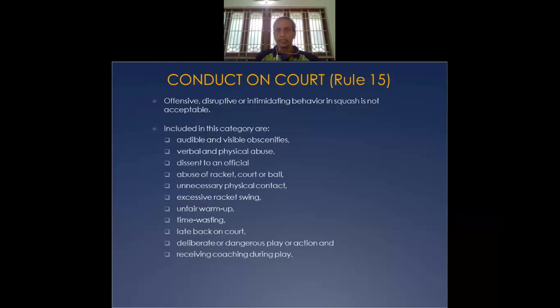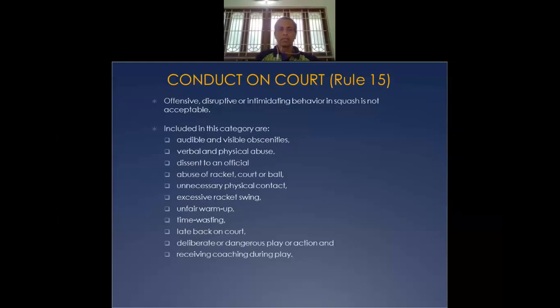Conduct is not an easy part to handle for any referee, because reprimanding anybody is difficult and you need guts to do it. You have to be thorough with the rules to do it. So going through the rules helps very much in good conduct of the match.